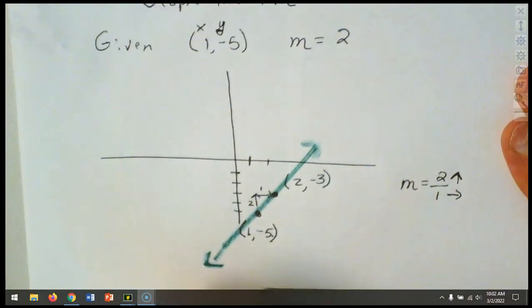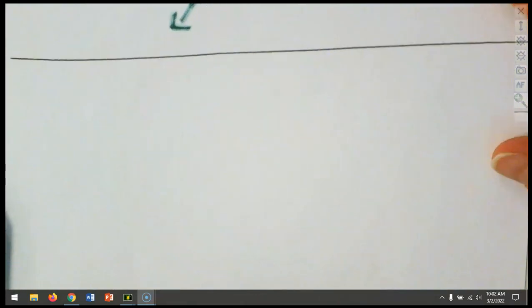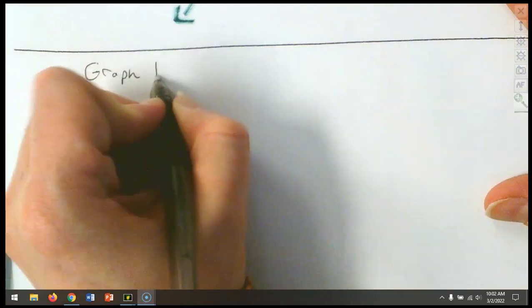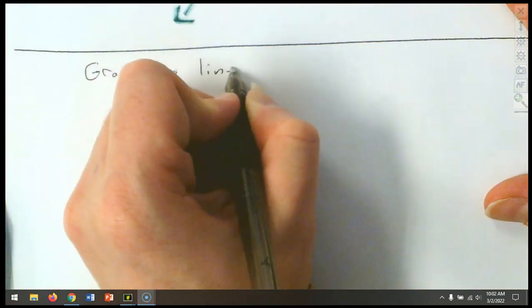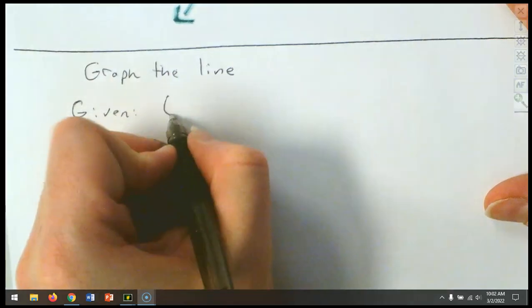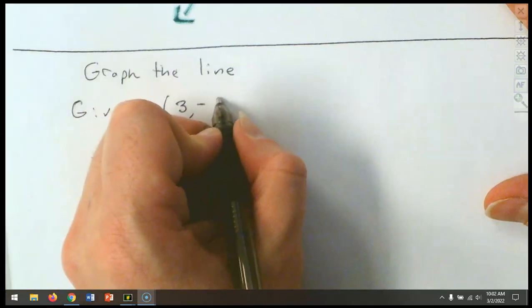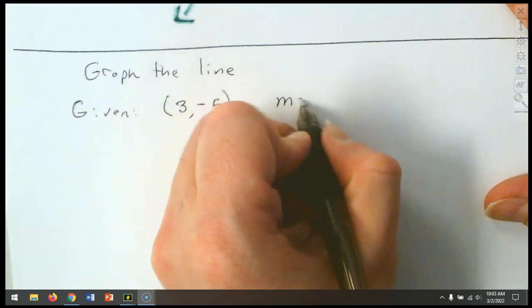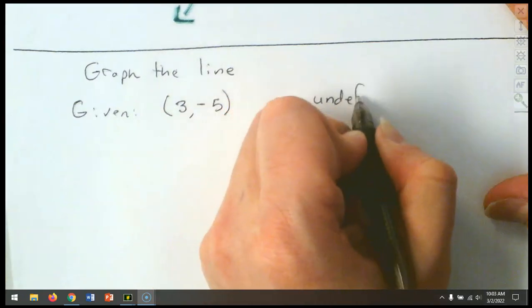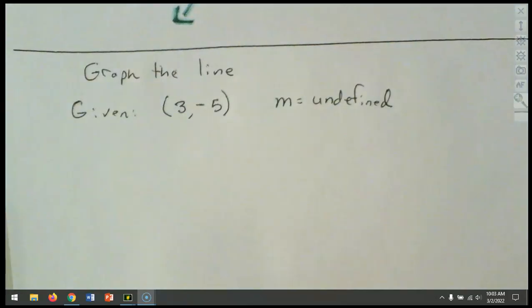One more, and let's talk about an undefined slope. Now, when it's an undefined slope, we can't make a fraction to move.